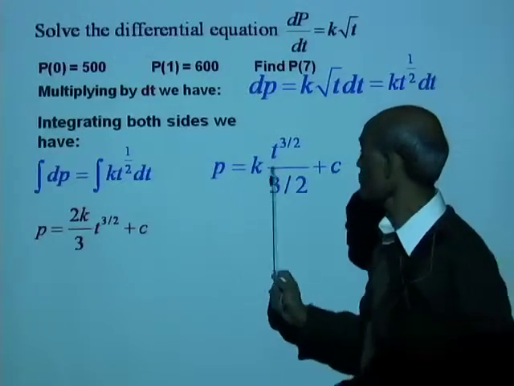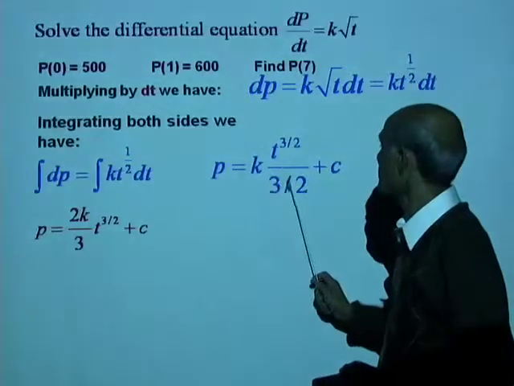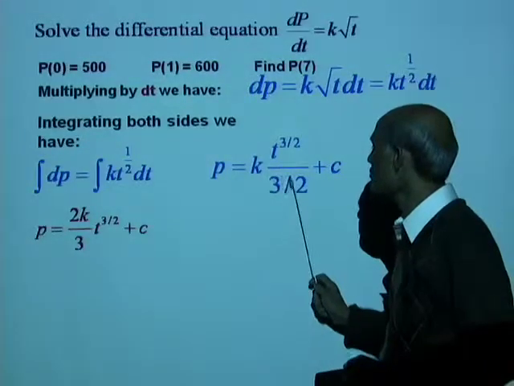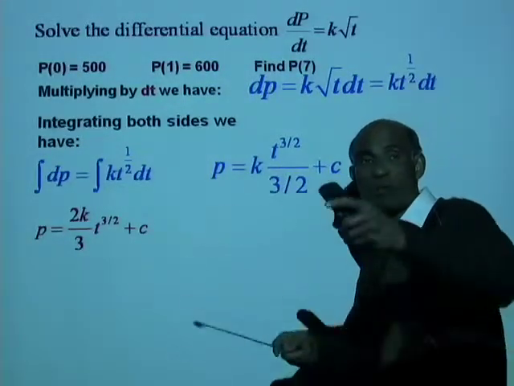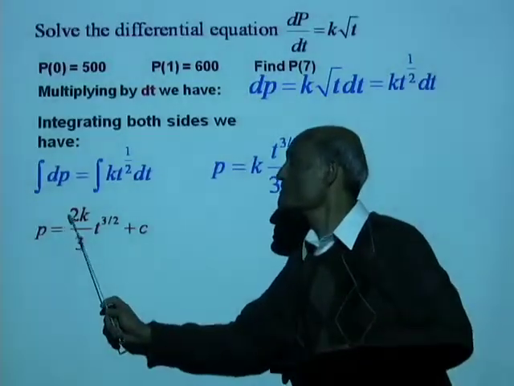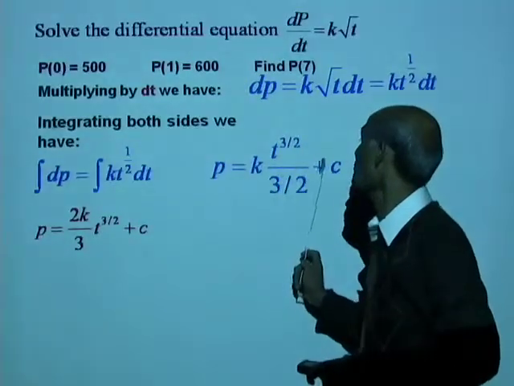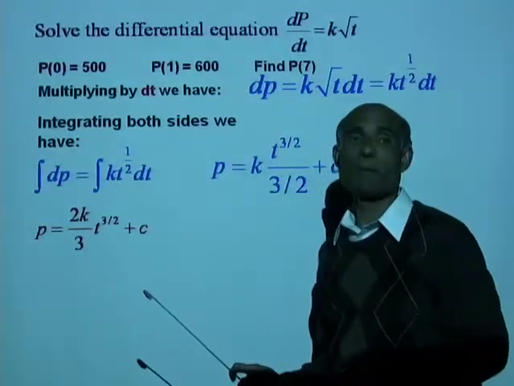Okay. So, simplify that, it gives you p equal to, if you notice, dividing by 3 over 2 is multiplying by 2/3. So the 2 will go up. It will be 2k over 3, t to the power of 3 over 2 plus c.